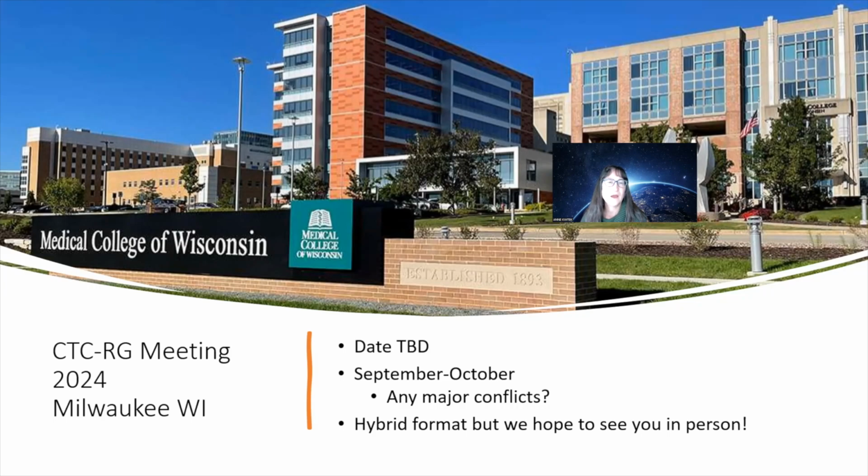So I won't be able to book a room quite yet. That's what I'm looking into, how early I can actually get a venue set. But we have a couple in mind. Looking at September, October seems to be a fairly good time of year, hopefully. And it would be great if people have major other meeting conflicts that you let us know earlier than later.